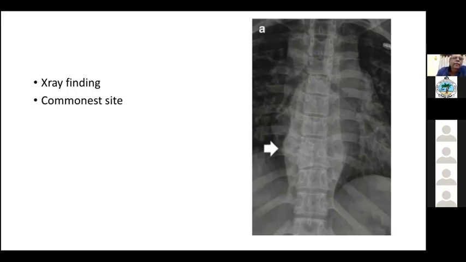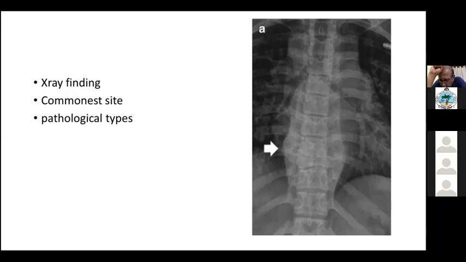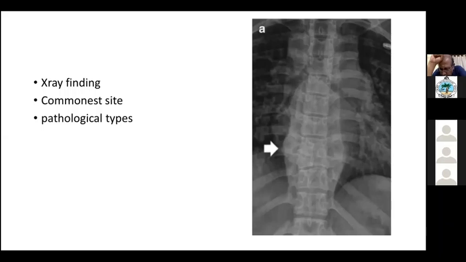Okay. What are the pathological types depending upon the site of the vertebral body where it is involved? Paradiscal. There are 5 types. Central. Paradiscal is one, agreed. Central type of tuberculosis, yes.